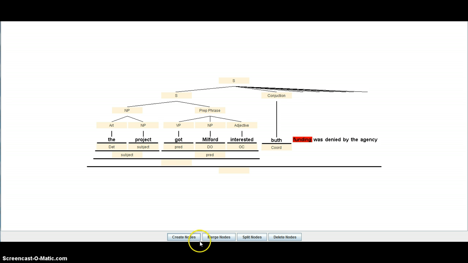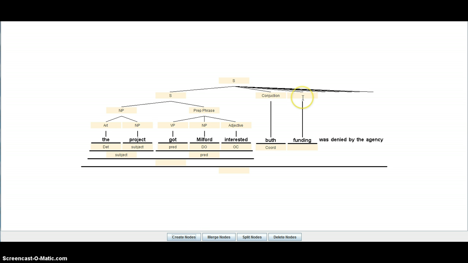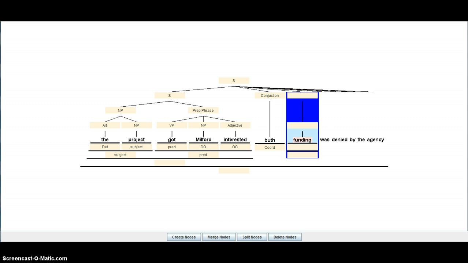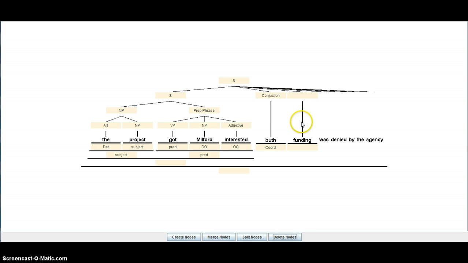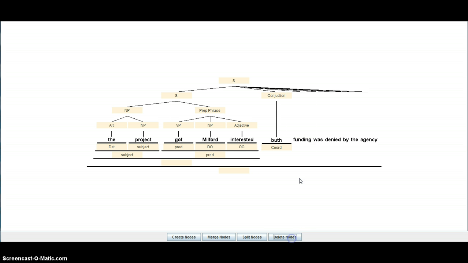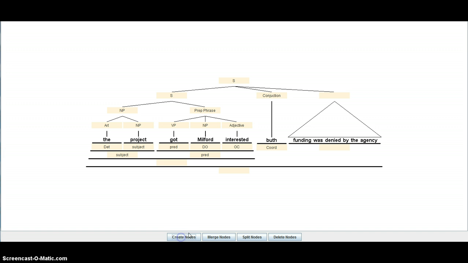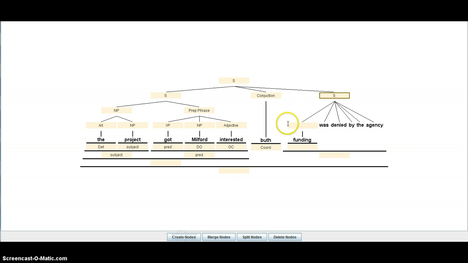Okay, let's start again. What we're missing here is that we had an S. So you're learning how I delete nodes. Here's the S, here's the NP, and what we had forgot was the predicate phrase.